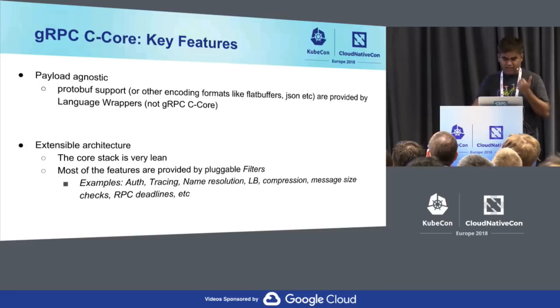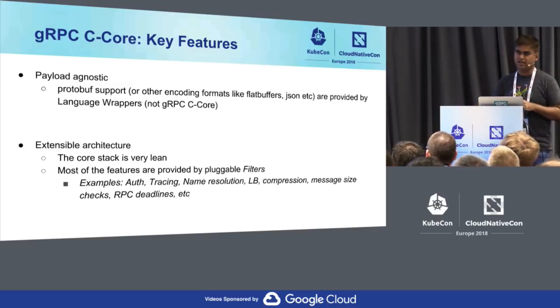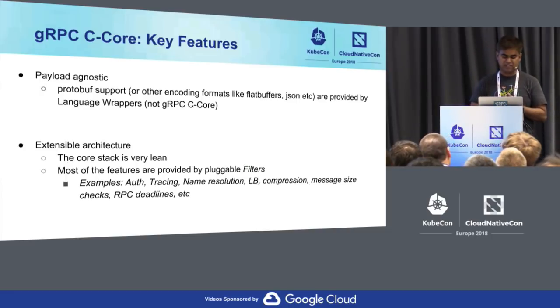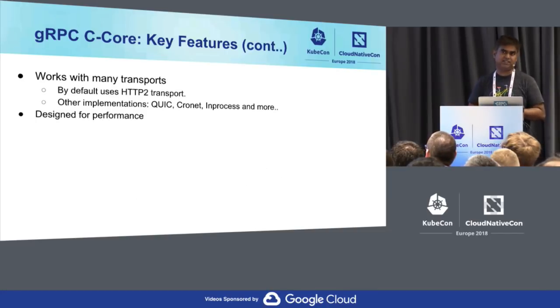Then it has an extensible architecture. The actual functionality of the core stack is very lean. Most of the value-add functionalities come from what we call filters, which we'll see later in the presentation. Filters provide a lot of value-add functionalities like authentication, tracing, service discovery, and a bunch of other stuff. Even deadlines is implemented as a filter.